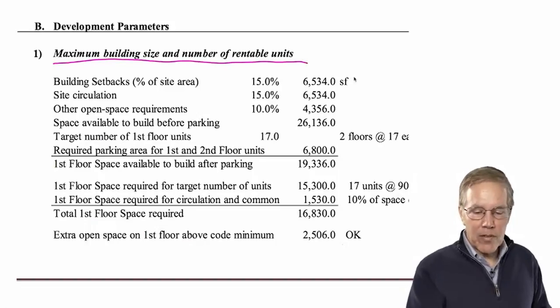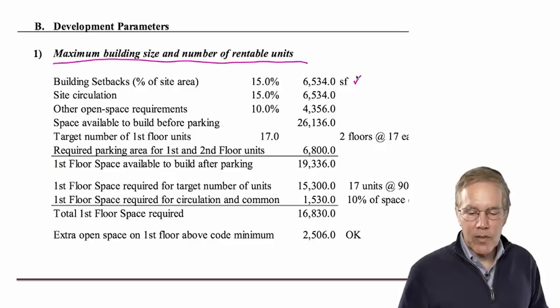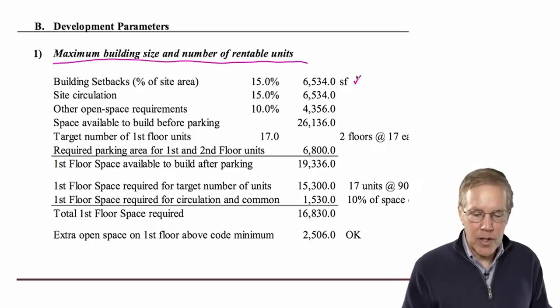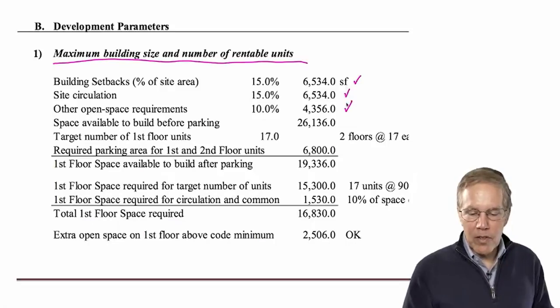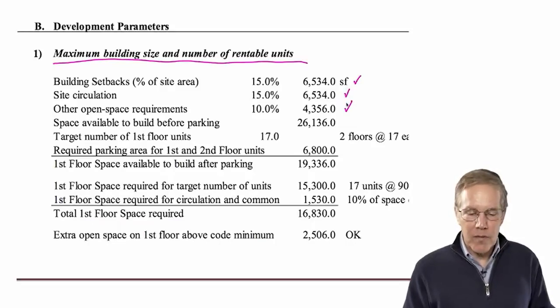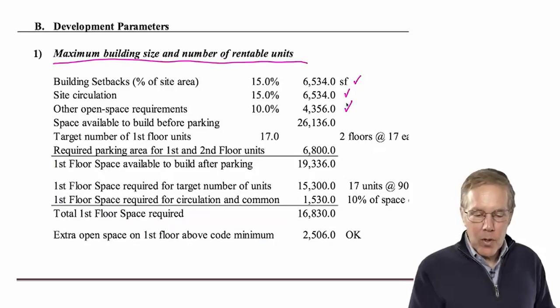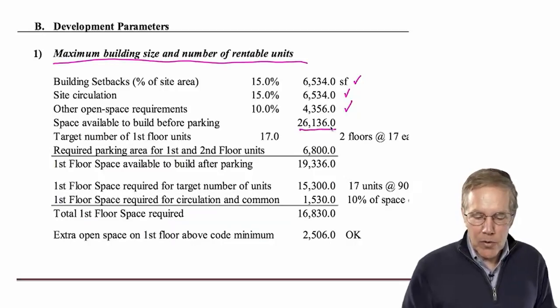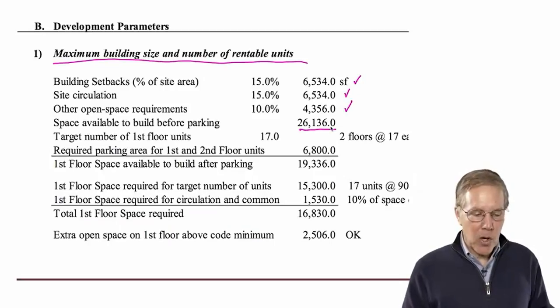For the building setbacks, they need 15% of an acre, which works out to 6,534 square feet. Similarly for circulation and open space requirements, 1/10 of an acre is 4,356 square feet. So you subtract this from an acre and you get what is available to build before they consider the parking.